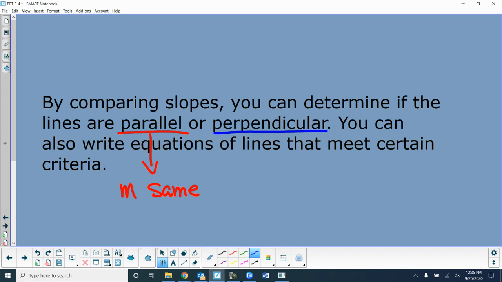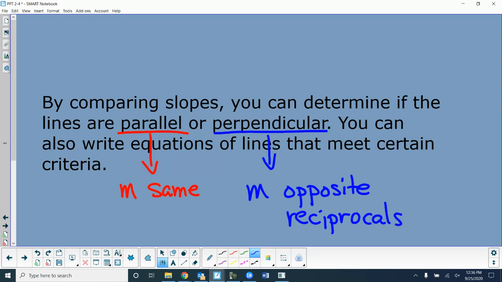All right, so what do we know about slopes? They're different, and what? Opposite. Opposite. Yes. Okay, so one's positive, one's negative, when they're perpendicular.